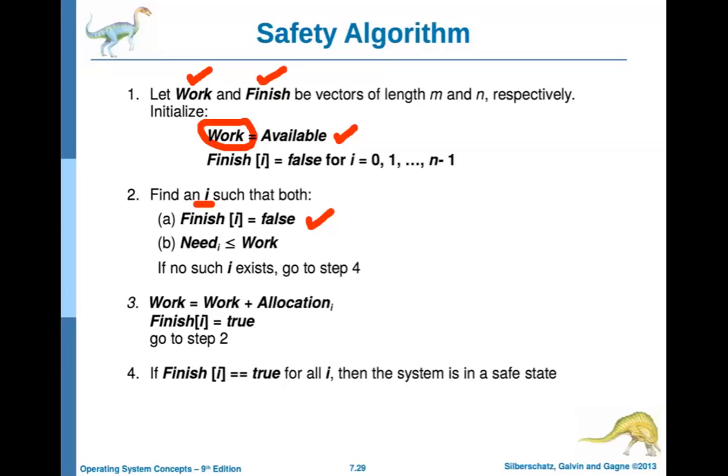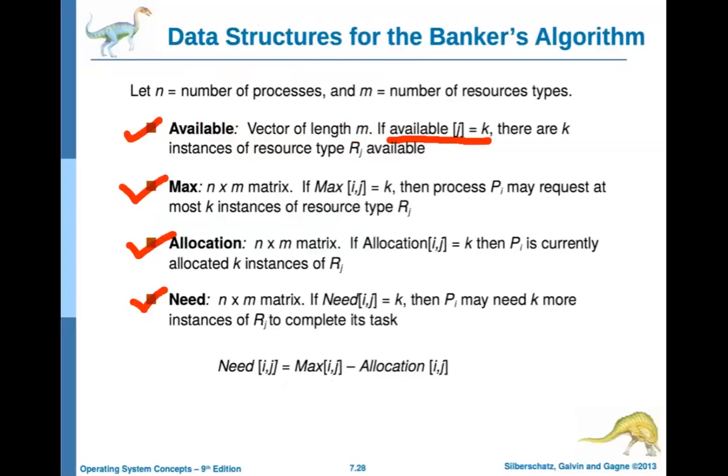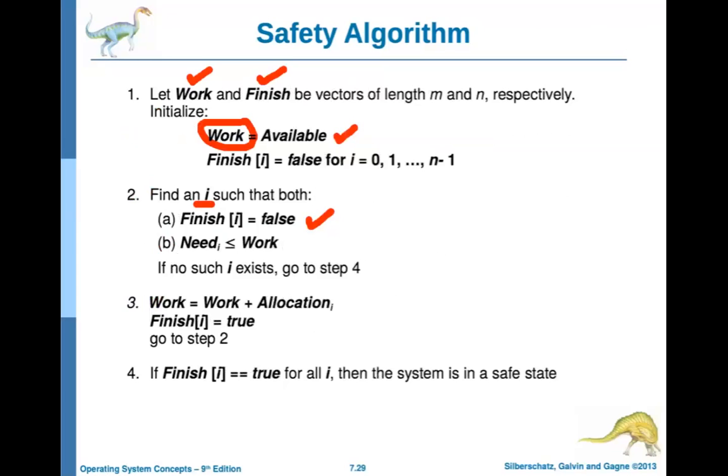Now, what is need of I? Need of I is what we have calculated: max minus allocation, if you go back to the previous slide. Here it is need of ij, max of ij, allocation of ij, but because we don't want to repeat it for all the processes, for a specific ith process it is just written as need of I. That is just a notation.